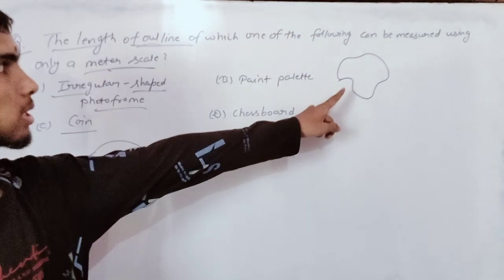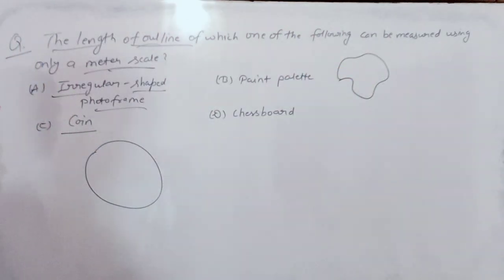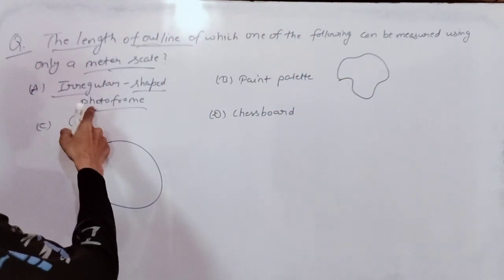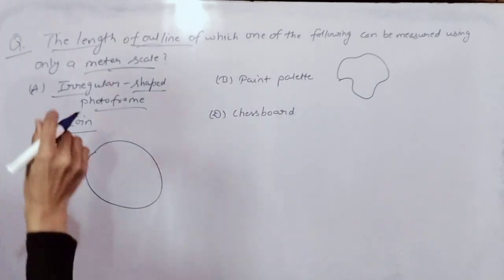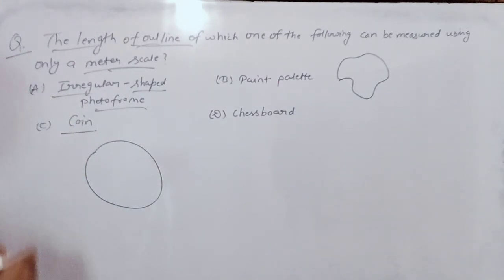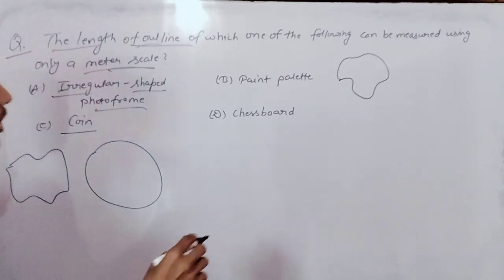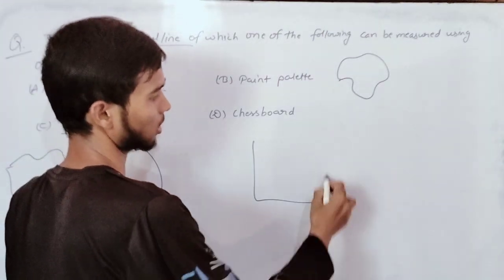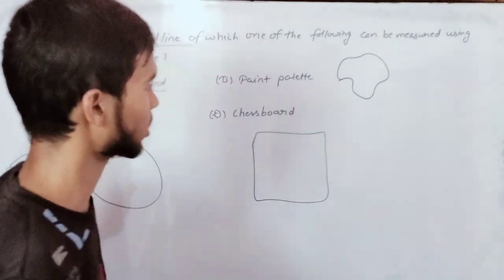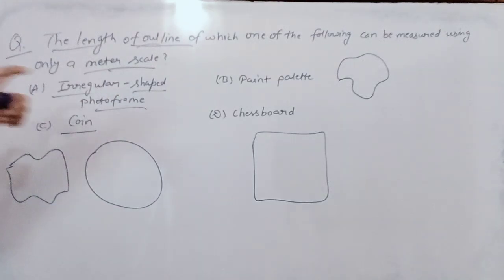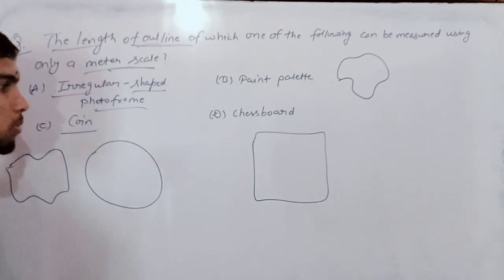So you can see this outline is a curve. This is a circle, and it will look something else like that. Now a chessboard looks like that. So which one object can be measured by using a meter scale?